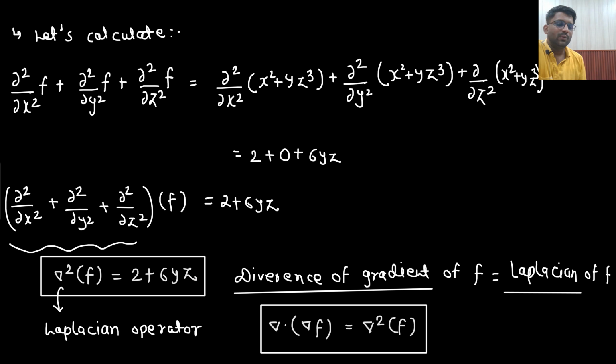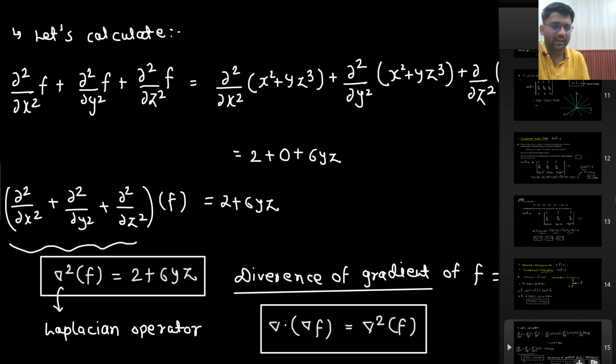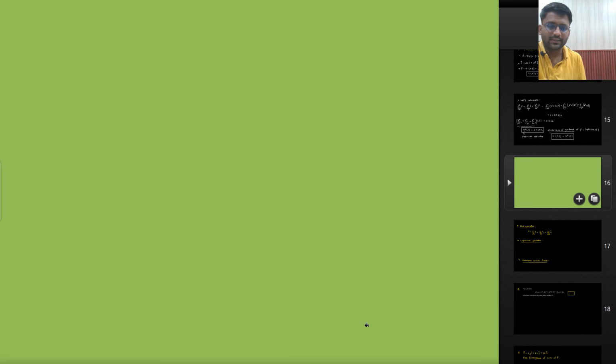If someone looks at it in this manner, that sir, you have said del dot del f is coming out to be del square f.